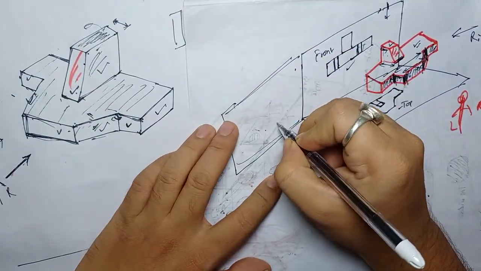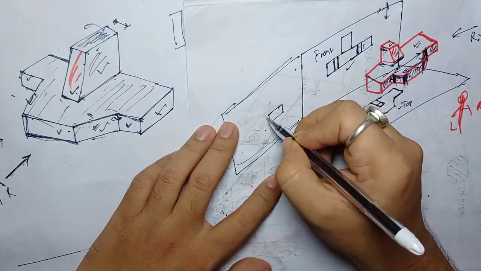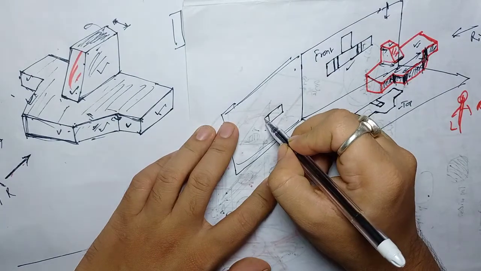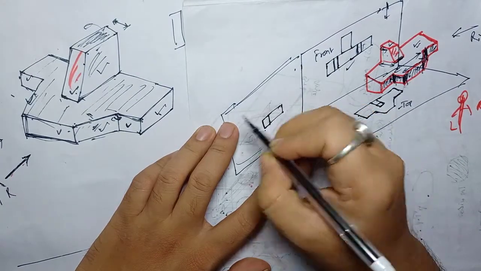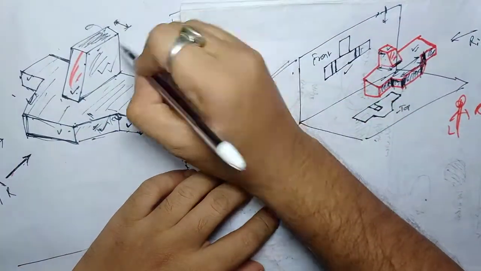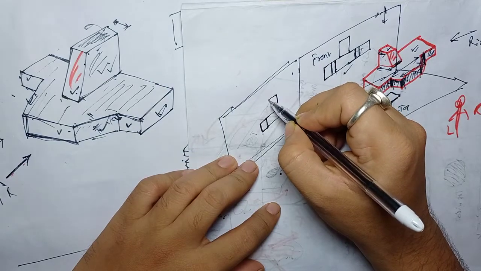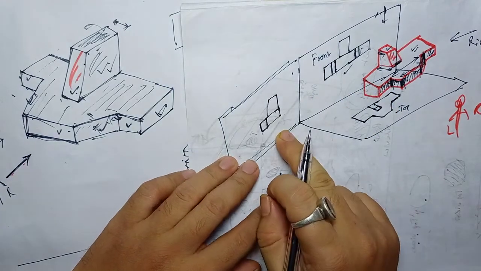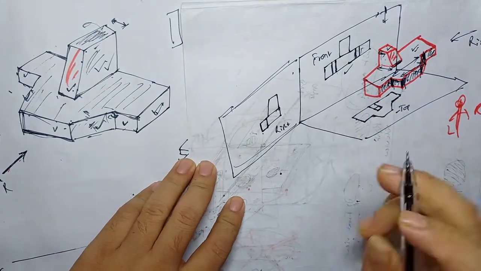It will look like this. First draw this face, then that face will look like this. We have drawn these two faces, and the remaining face will be like this. Here it will come here. Done. Do we have anything else? No. So this is your right side view.